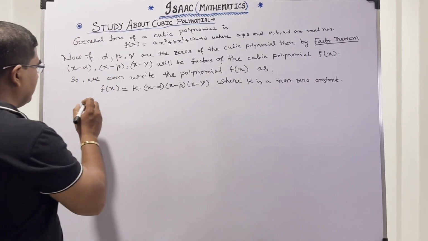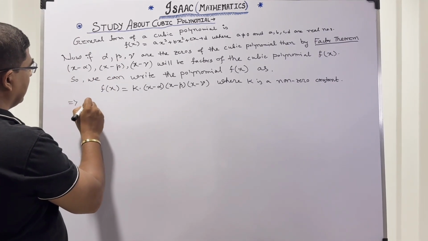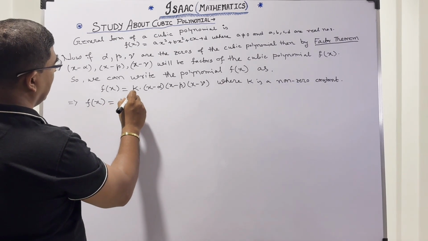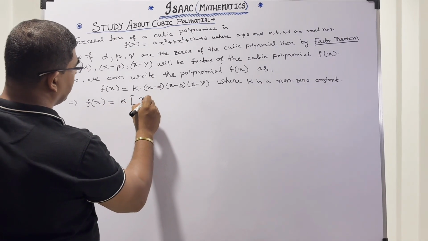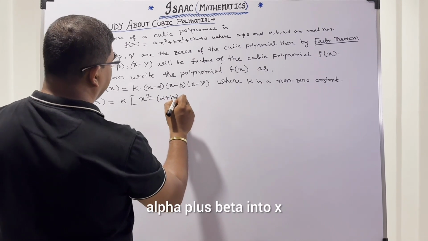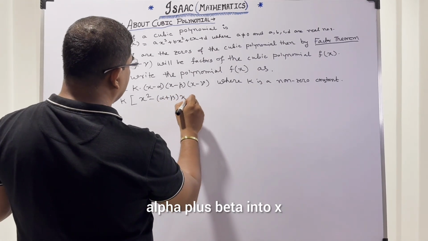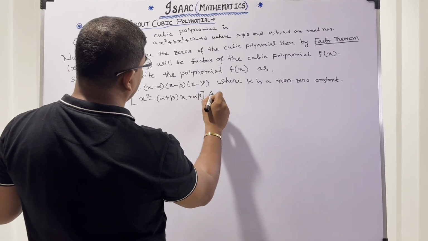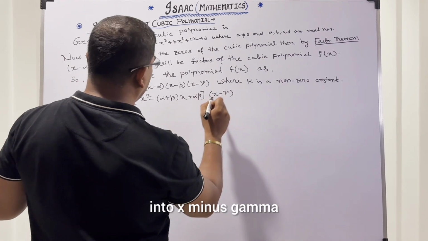So this will give f of x equals to k into x square minus of alpha plus beta into x plus alpha beta into x minus gamma.